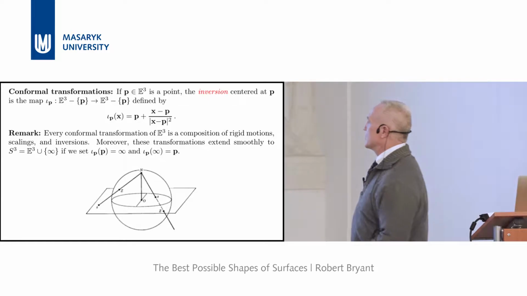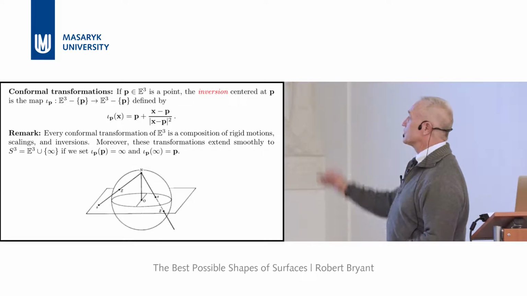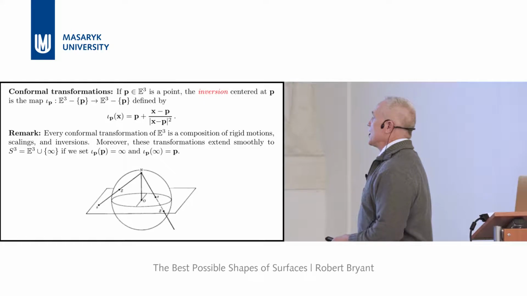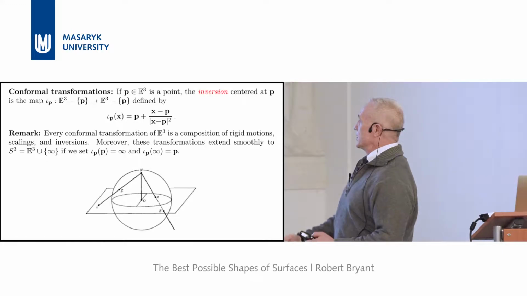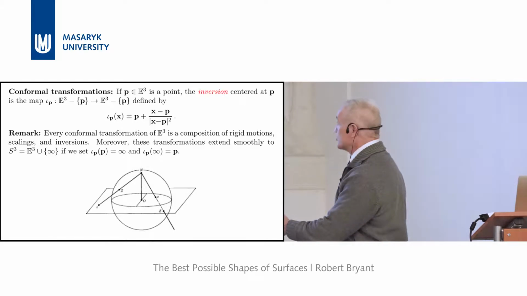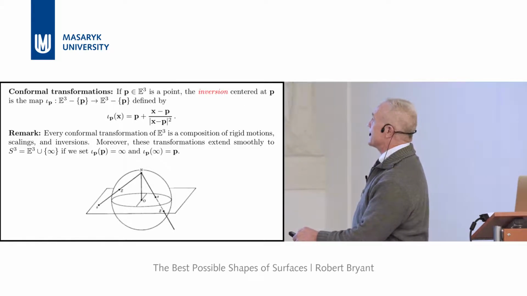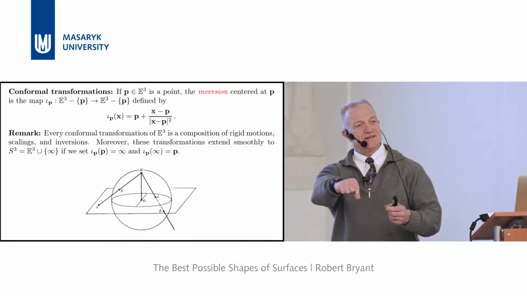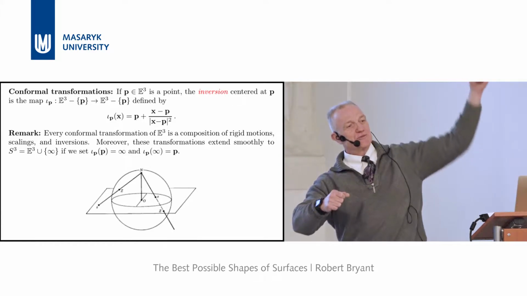And here's just a picture of another way you can think of conformal transformations. Of course, inversions aren't actually defined at the point P, because there's no obvious point to send it to.